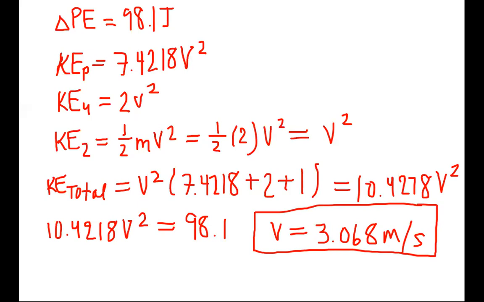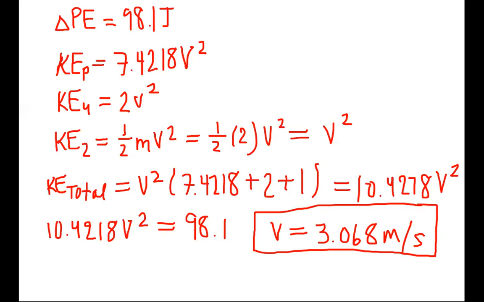It's important not to forget to include the component, because if you think about it, the largest component of the kinetic energy was the rotational. For the 4 kilogram one, we had 2v squared. The 2 kilogram block, we had just v squared. For the pulley, it was 7.4 v squared. So if we had forgotten to include that, it would have given a massively different value. So it's really important to make sure that we always look at every part of the problem.